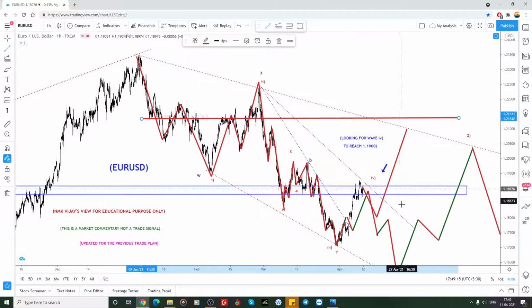The structure has to complete here, then only can we know when we have to enter. But as of now, there is no short here. Maybe it can be a counter-trend trade. You can short up to that 1.18, like this formation of ABC, and then afterwards this kind of impulsive wave can happen here.